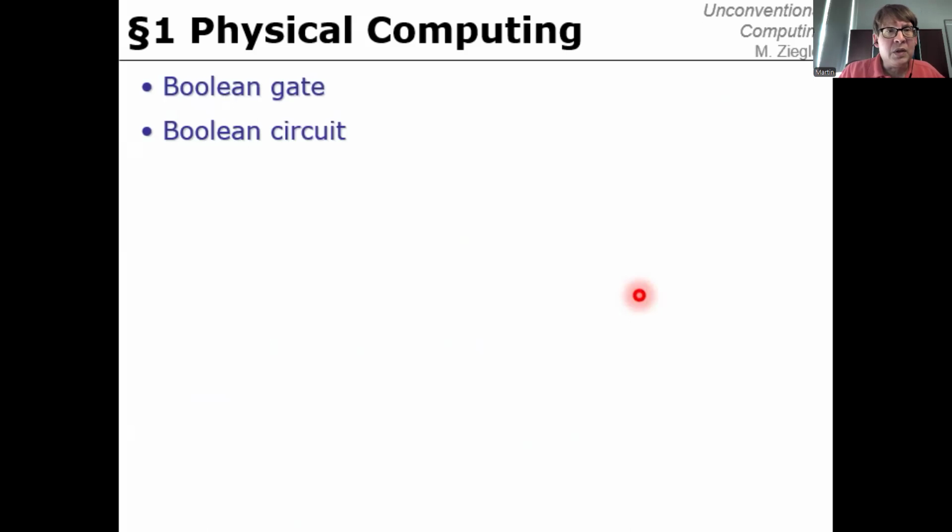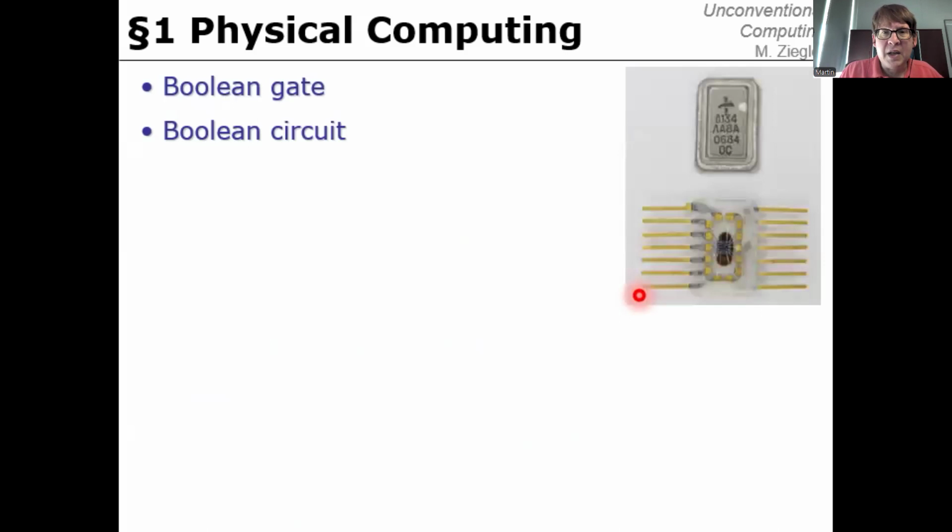The way we currently realize Boolean gates and circuits is using semiconductors, transistors combined into such integrated circuits as you see here. This is one from the Soviet Union, but the same technology was used in the United States and in the rest of the world.